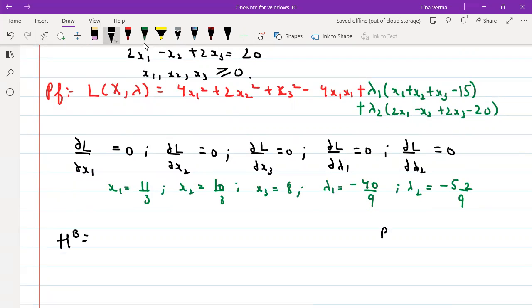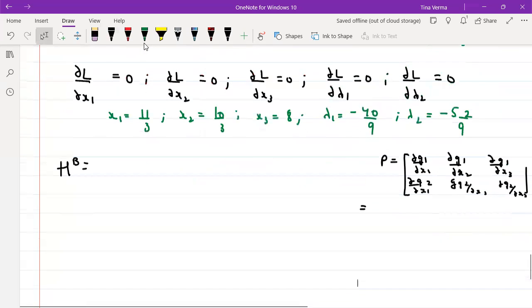उसके लिए मुझे क्या चाहिए, पहले P, that is curl G1 by curl x1, curl G1 by curl x2, curl G1 by curl x3, curl G2 by curl x1, same for x2, and curl G2 by curl x3. When you calculate at the stationary point, अगर आपके x1, x2 की values इसमें रह भी जाती हैं, you substitute these values, right?